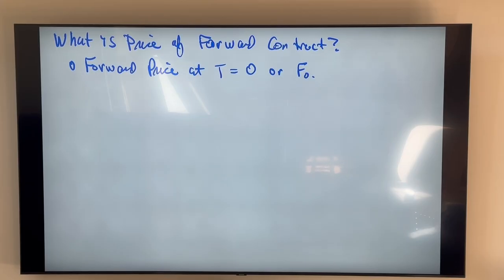Now, how do we set or determine what the forward price is going to be at time t equals 0? Well, we want the forward price to be a price that will prevent any arbitrage in the marketplace.